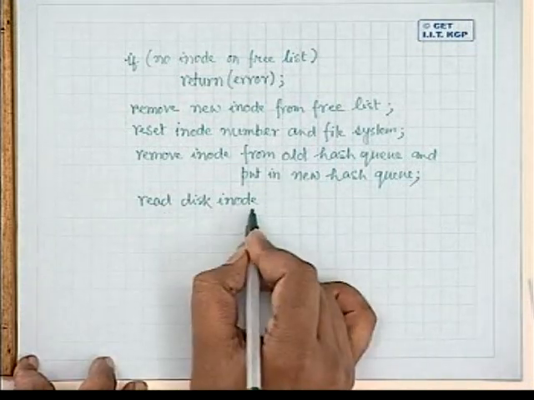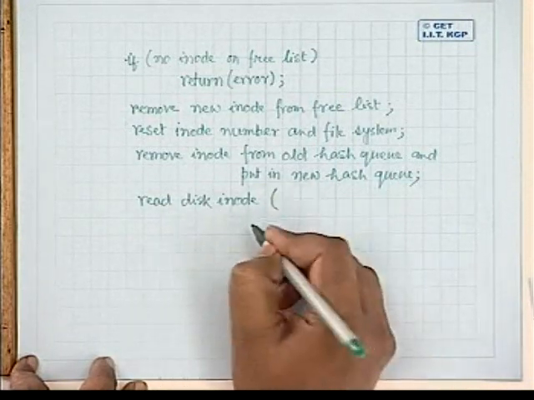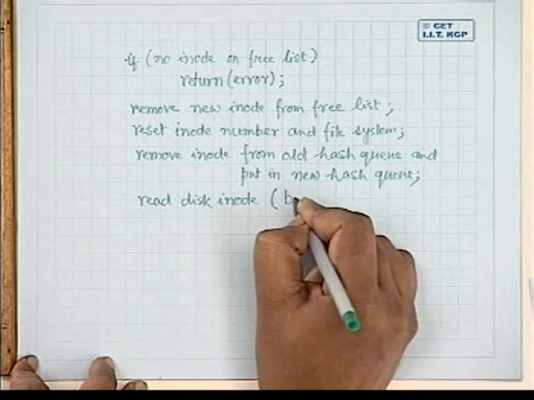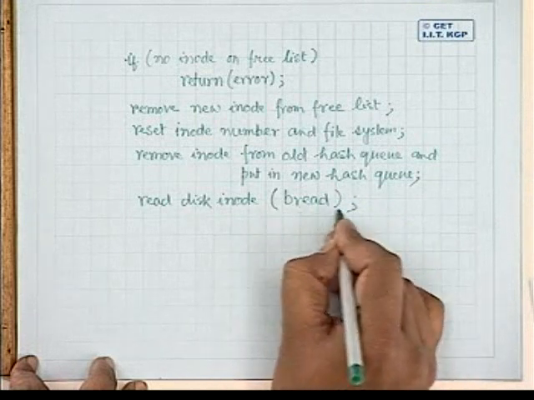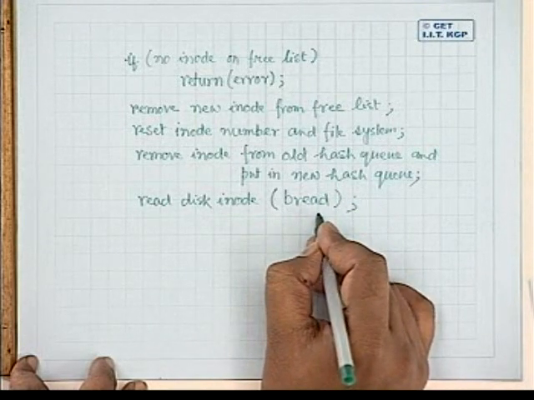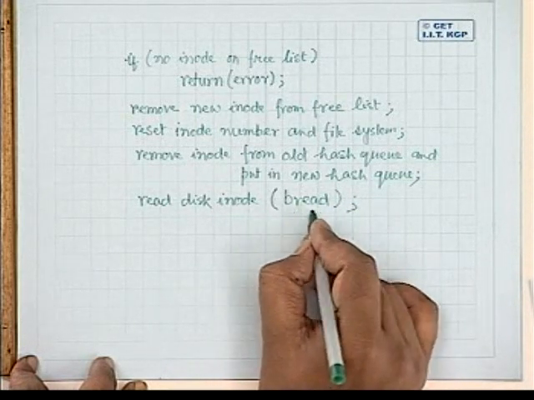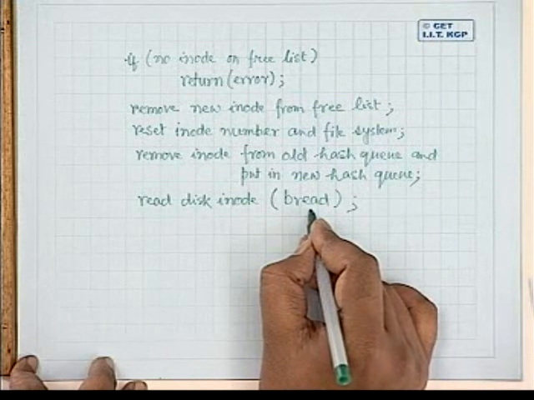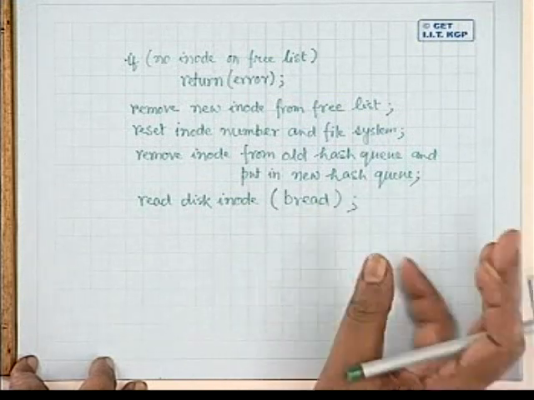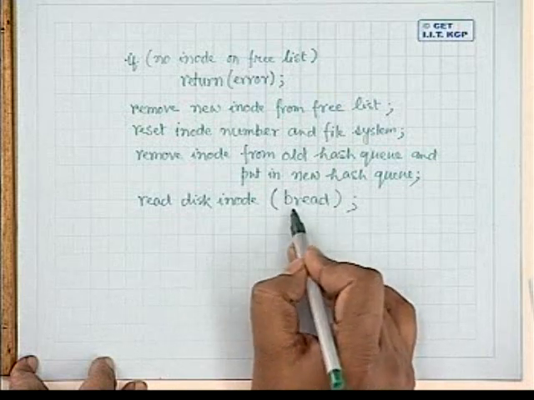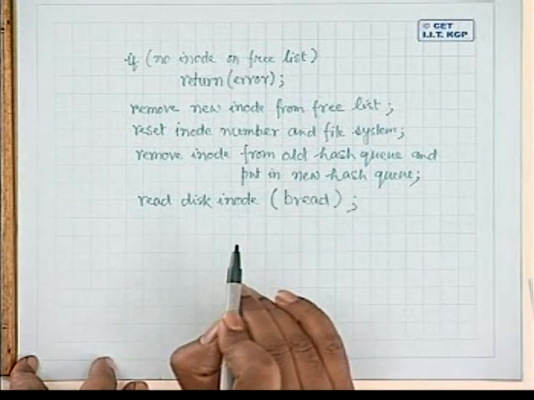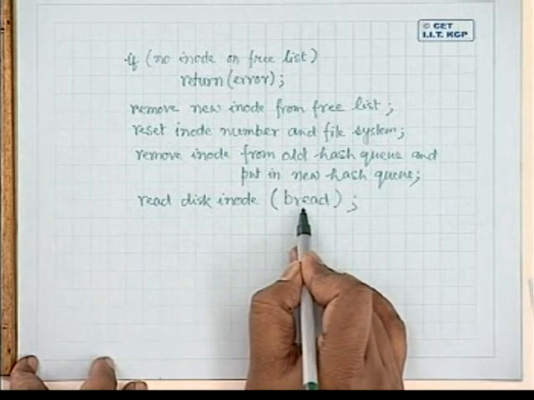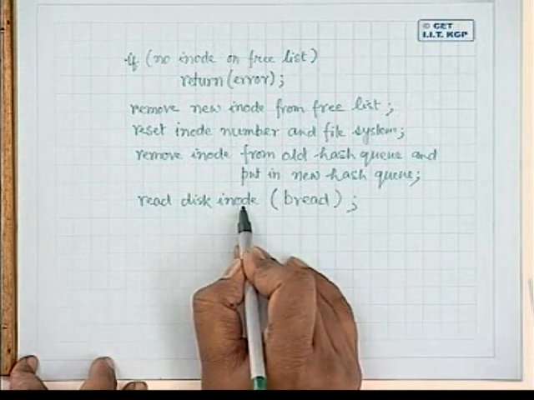And for reading this disk inode, the algorithm that has to be invoked is the block read algorithm that we discussed in the buffer cache method. Because reading an inode is nothing but reading a block from the disk, you make use of this block read algorithm to read the block containing the requested inode and put this inode into the new inode.